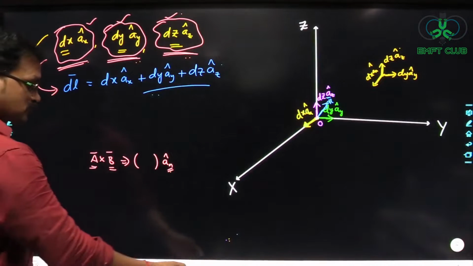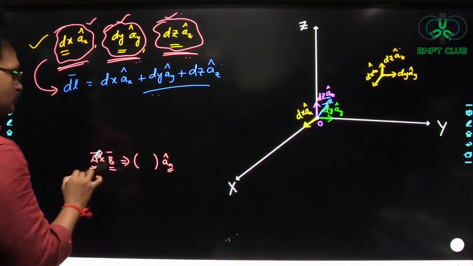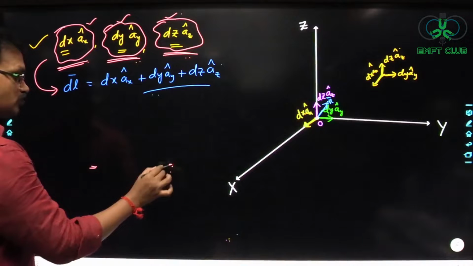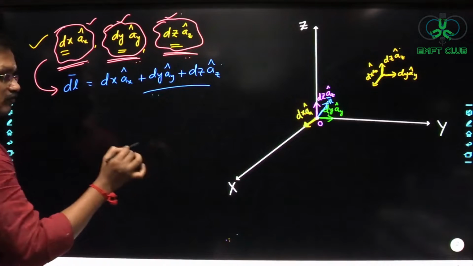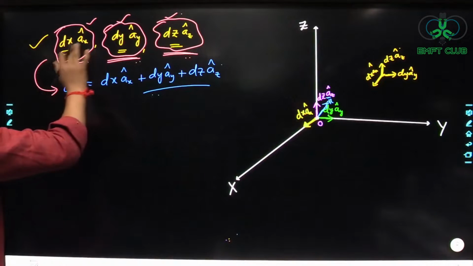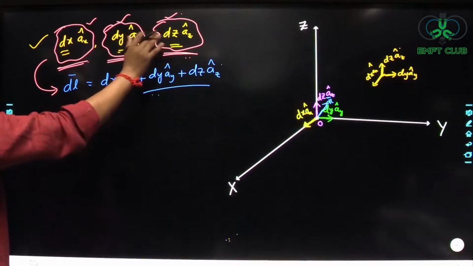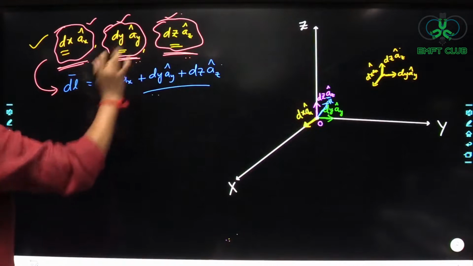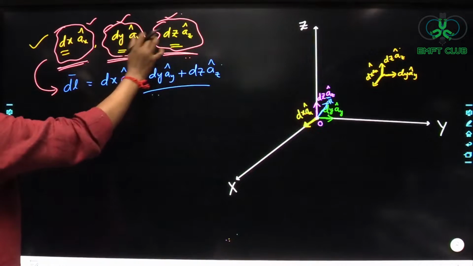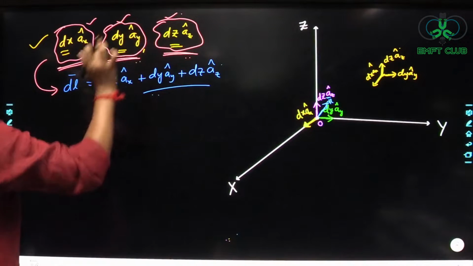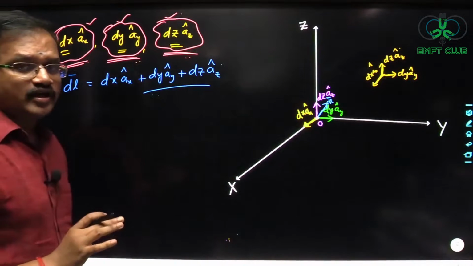Understood? Now here, how many small differential vectors do we have? Here 1, 2, 3. So with the help of these three small differential lengths, how many differential areas can we form?